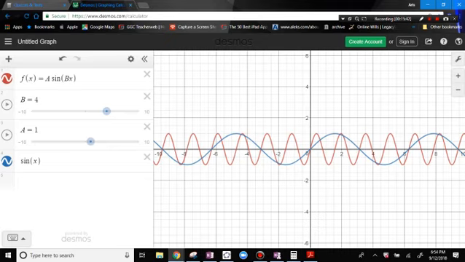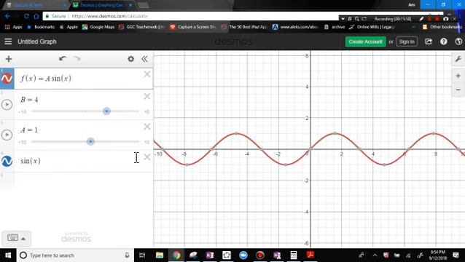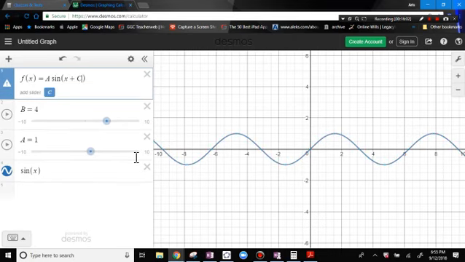Period. Amplitude. Let's move this thing left to right. Okay. I'm going to take out B for just a moment, and then we know what happens when we add C. We know what's going to happen there, don't we? It moves it left or right. And on the inside is the opposite.